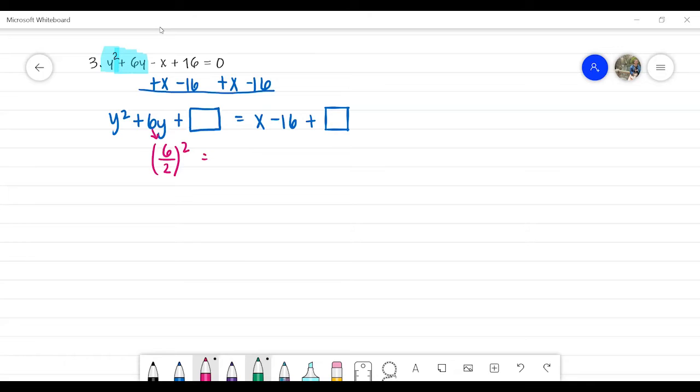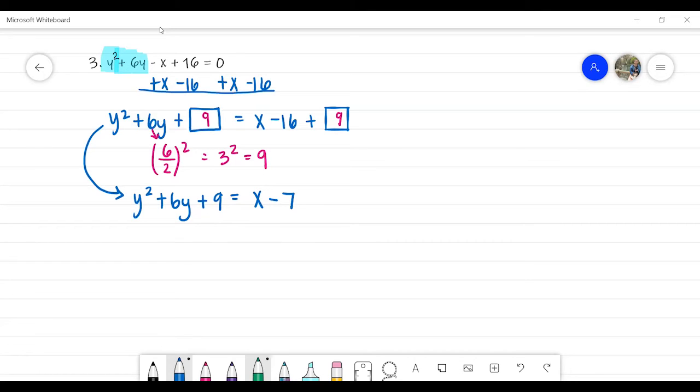So 6 over 2 is 3. 3 squared is 9, so we put a 9 here and a 9 here. So let's take one step and clean that up. This will give us y squared plus 6y plus 9 is equal to x minus 7.